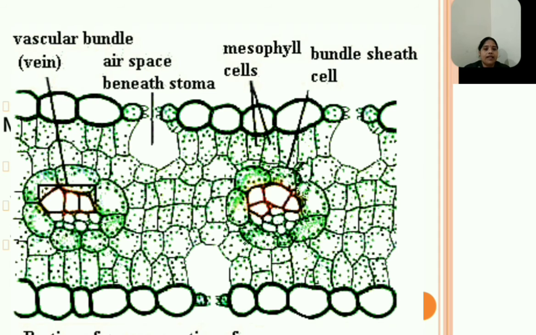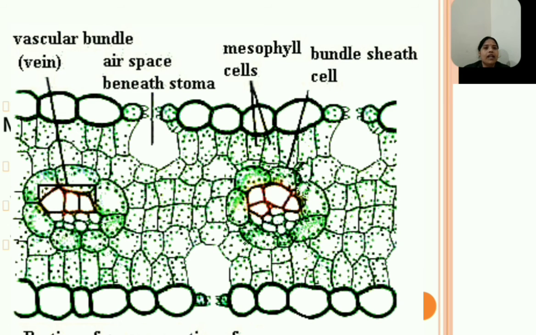In the mesophyll cell, the chloroplast is granal, small, with grana, and arranged centrifugally. But in the case of the bundle sheath cell, the chloroplast is agranal, large, without grana, arranged centripetally.